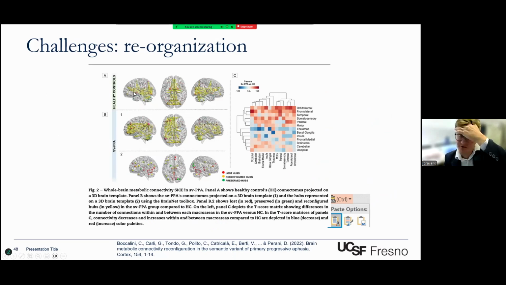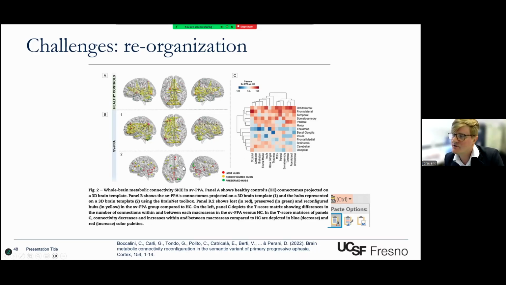Challenges to understanding primary progressive aphasias tend to include a variety of thematic elements, which is because it's a long and drawn out process over many years for some disorders like semantic changes. It allows for reorganization of those systems with new learning and other sorts of things. So we presume not only that what we're seeing is a deficit of the anatomy not functioning properly, but also the reordering, restructuring of that anatomy, with this being just one example of a conceptual application of that with some connectivity analysis.